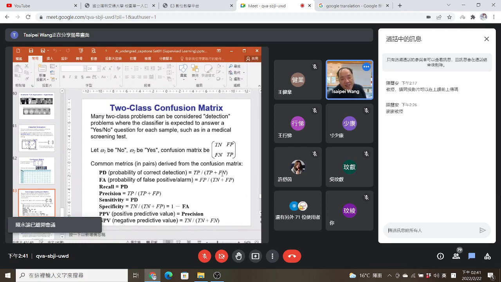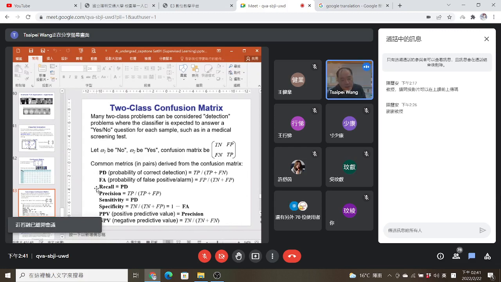The false negatives contain samples that are actually positive. Ground truth is positive, predicted negative. So those are false negatives. So PD and FA. FA is usually called false alarm.